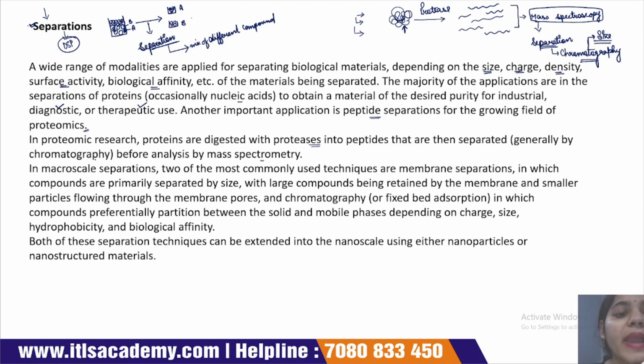In macroscale separation, two of the most commonly used techniques are membrane separation, in which compounds are primarily separated by size, with large compounds being retained by the membrane and small particles flowing through the membrane pores, and chromatography, in which compounds partition between the solid and mobile phase depending on charge, size, hydrophobicity and biological affinity.